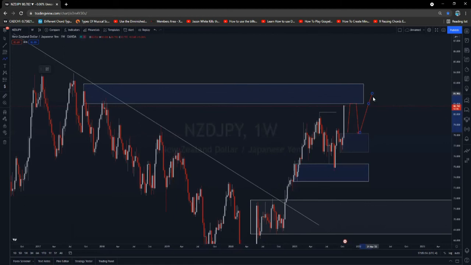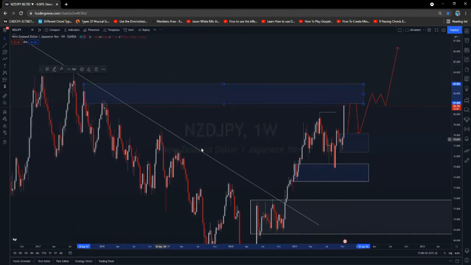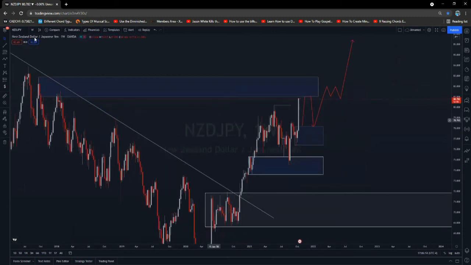Expect a young correction, I don't know. But all we know is that in the long run, this thing's going up. Let me fix this. So yeah, this is what I'm seeing on NZDJPY.